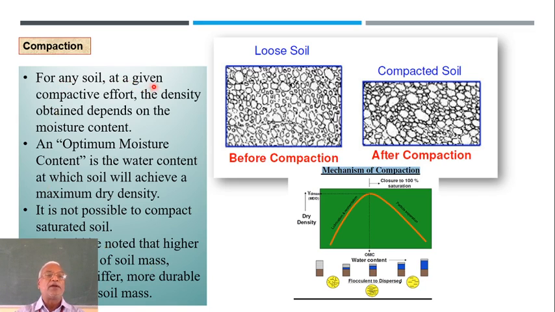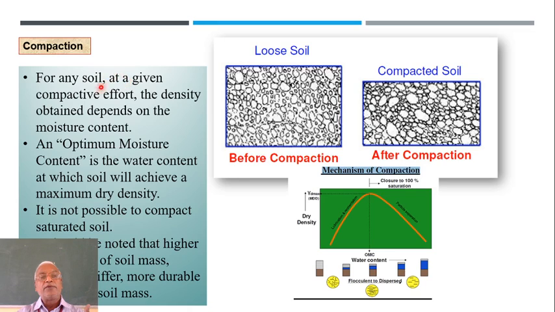Okay. Now, some more points here. For any soil at a given compactive effort, the density obtained depends upon the moisture content. Means, when densification is done, obviously we are putting some ramming, or it will be rolled with some rollers. How many times the rolling is done, how many times the ramming is done, that will add to the amount of energy that will be given to the soil.